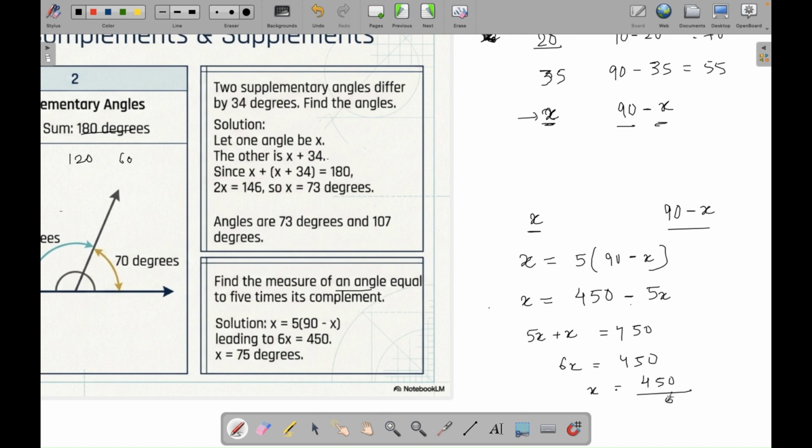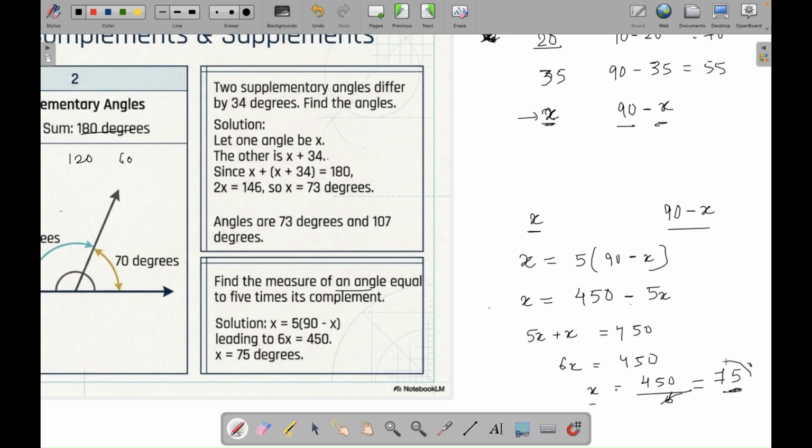Okay. Then you can further simplify this because they have some common factors. If you divide 450 by 6, you'll get 75 as the answer. So x is equal to 75. And if I ask you to find the complement of x, what will it be?